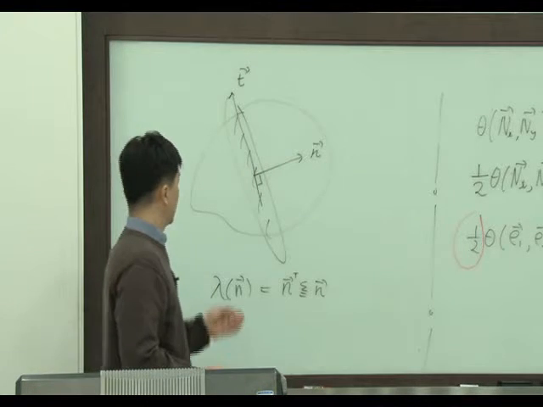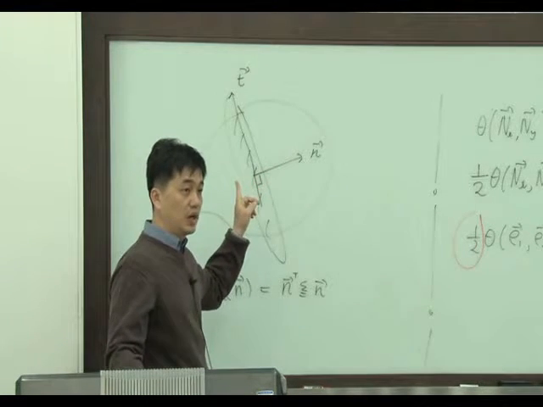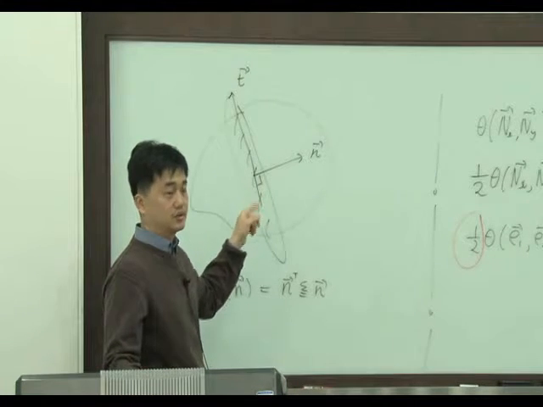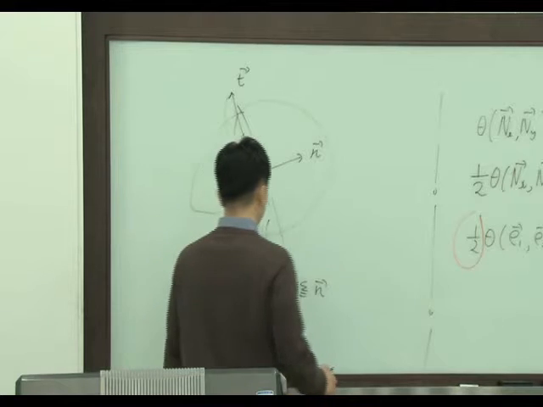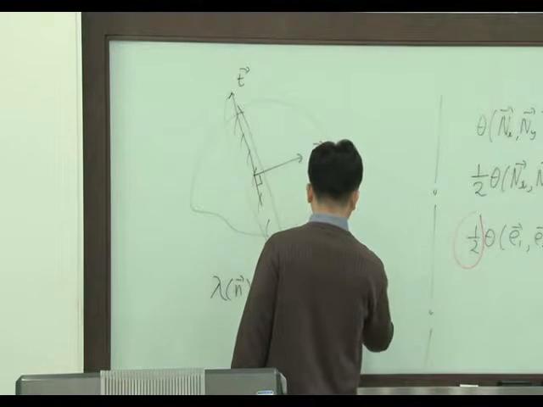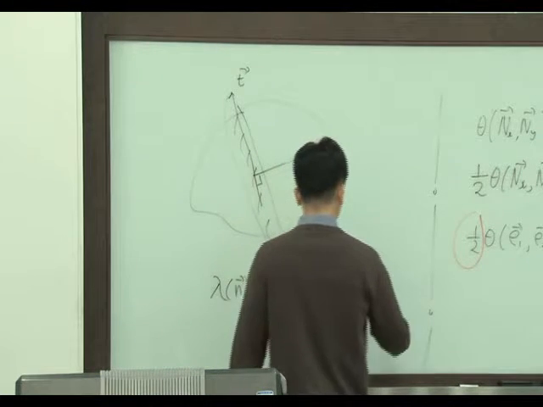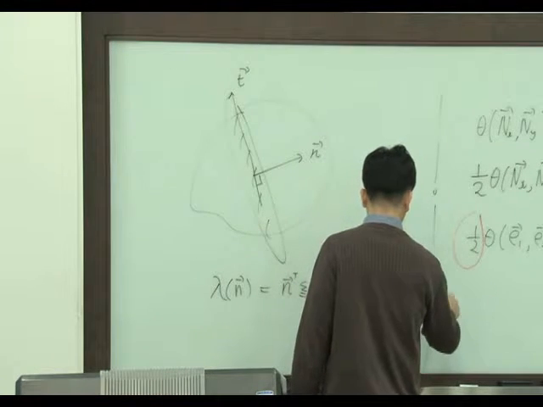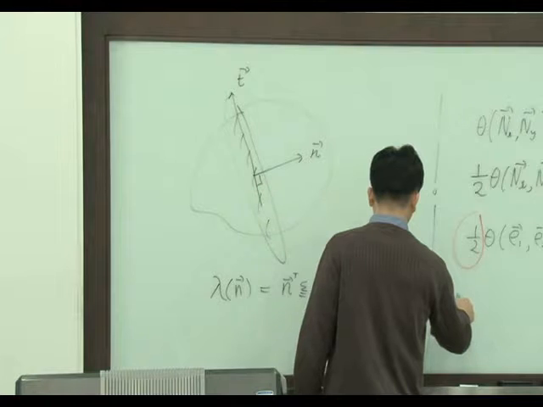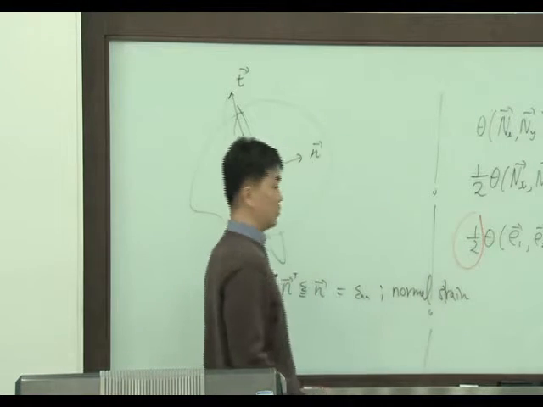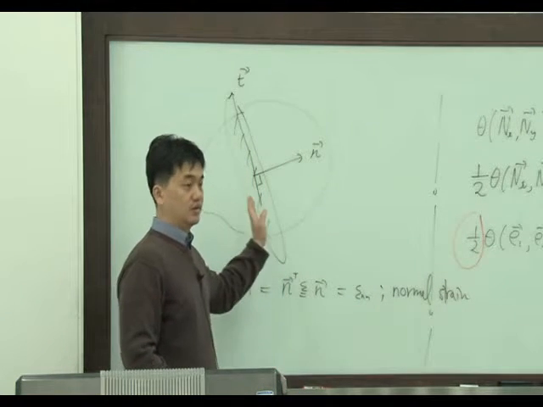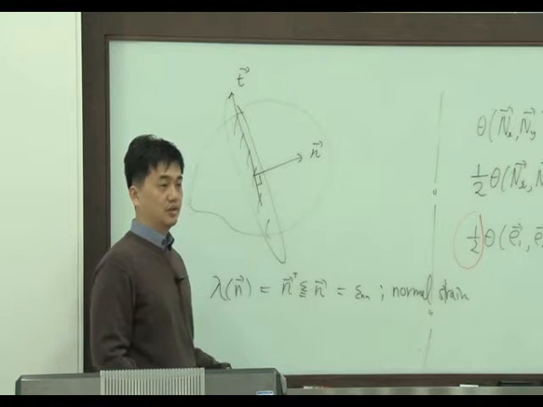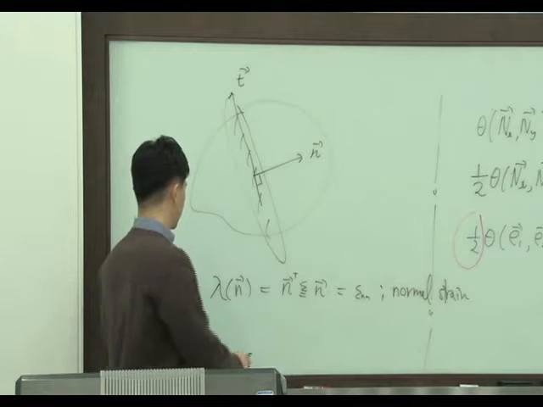So n is the normal direction to the surface, right? So we are saying this is the normal strain, because this is calculated from the vector normal to the surface.